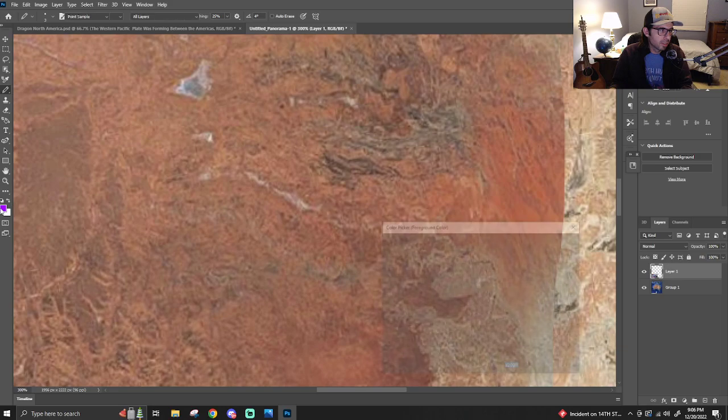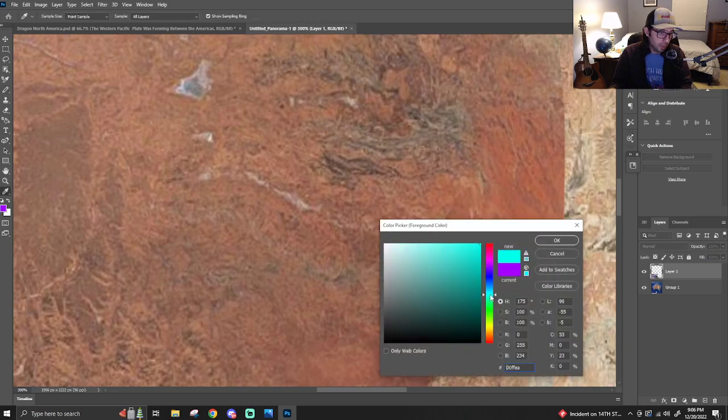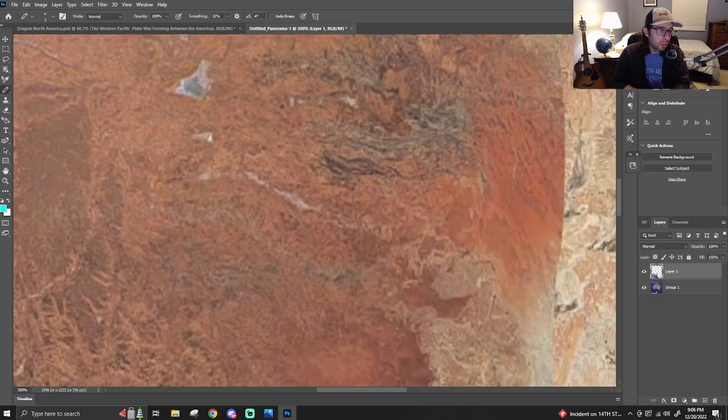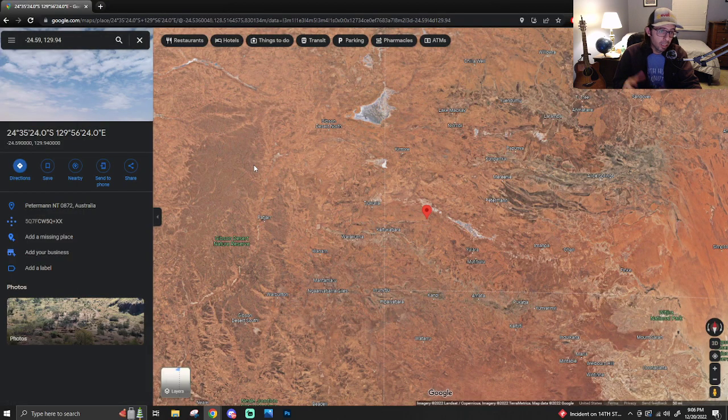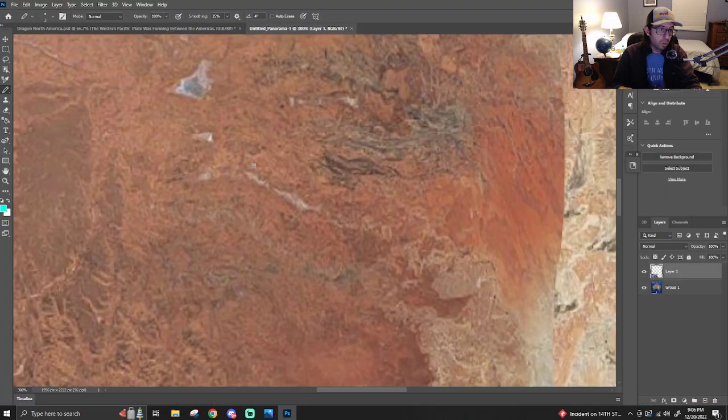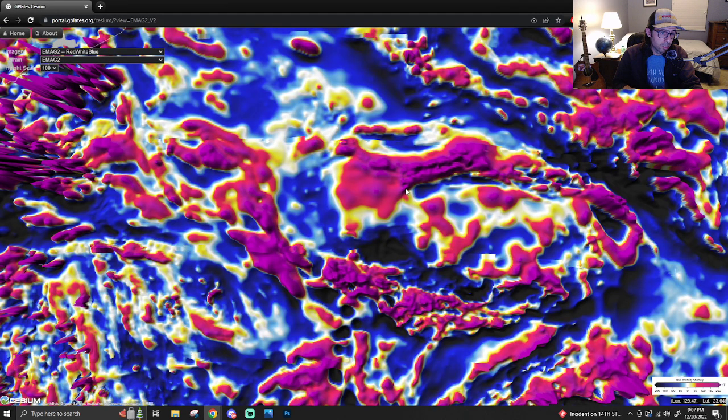Okay, maybe something visible. Essentially, it's even hard to tell already just at that scale. That's the center of them both there. So, generally here is this structure.